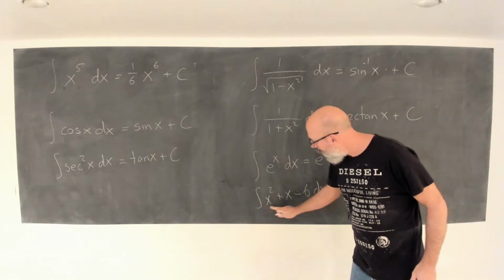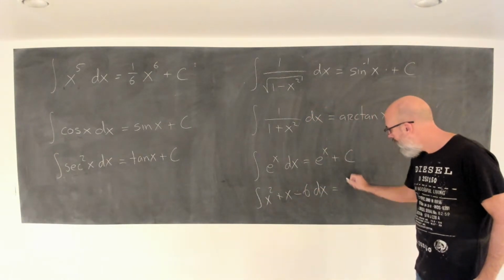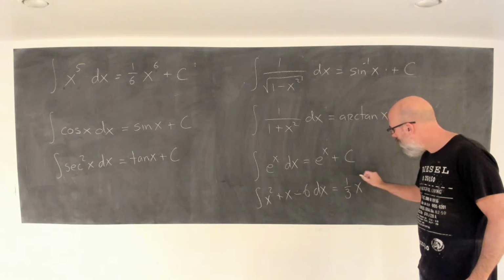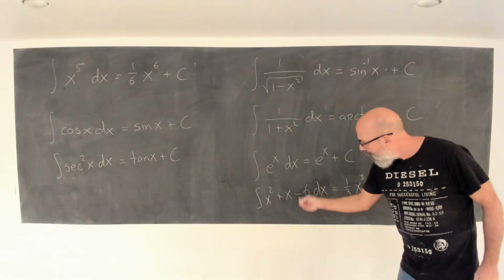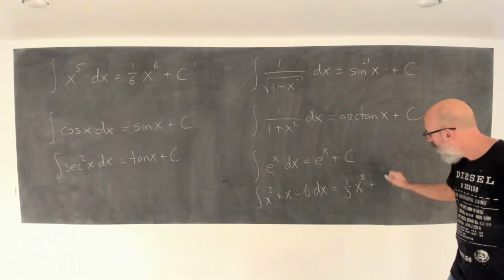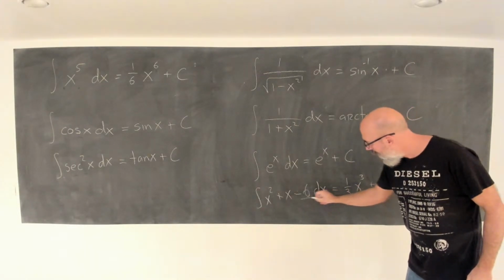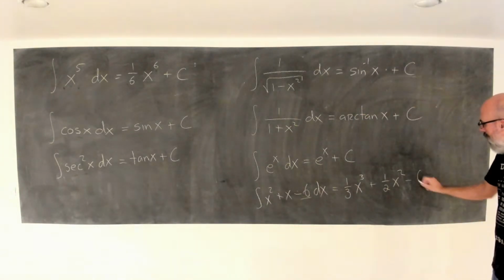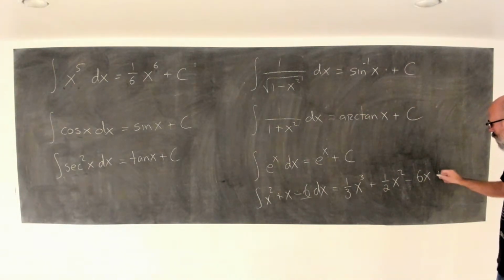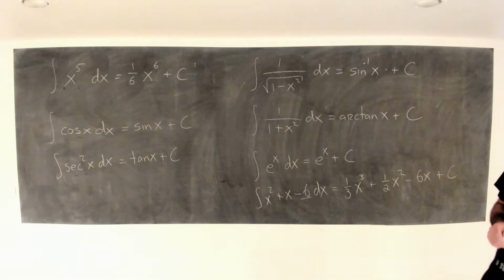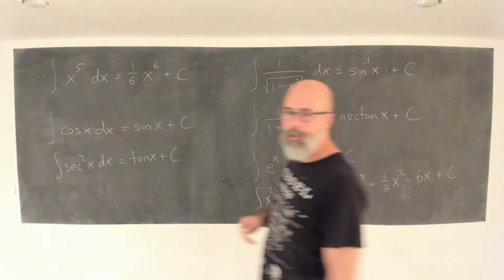Antiderivative of x squared, 1/3 x cubed. Antiderivative of x, 1/2 x squared. What function has derivative -6? -6x. Throw in your arbitrary constant at the end, and there it is.